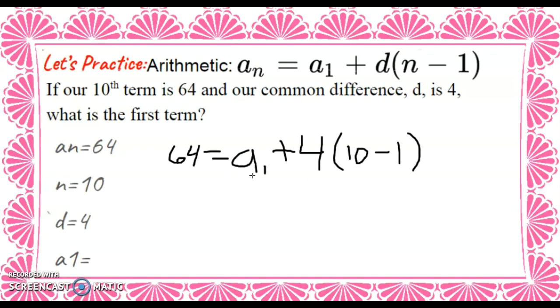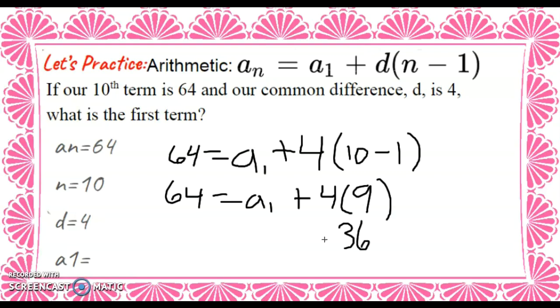So let's solve for A1. So we have 64, we bring this down, equals A1 plus 4, 10 minus 1 is 9. 4 times 9 is 36. Bring everything else down.